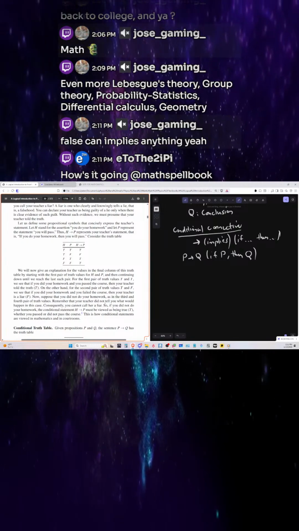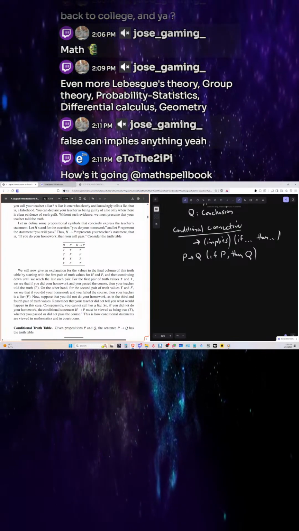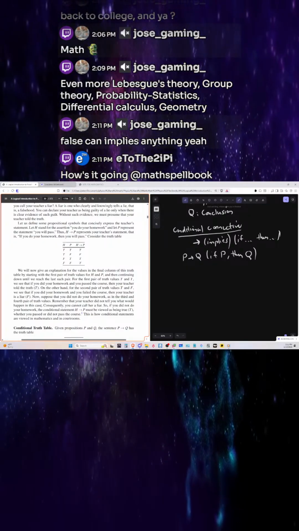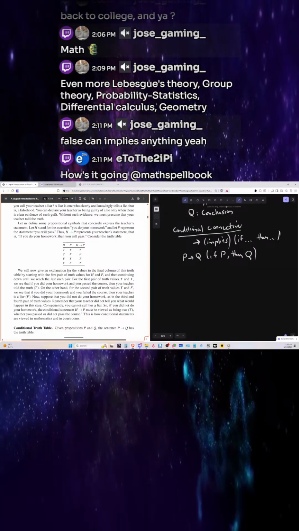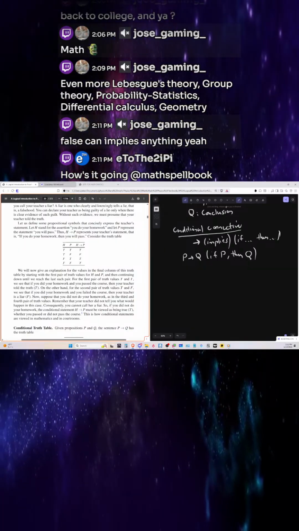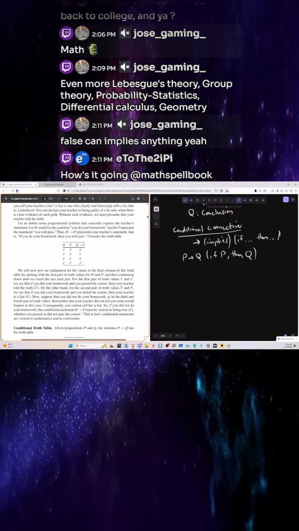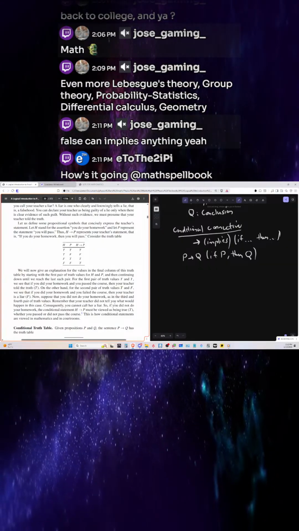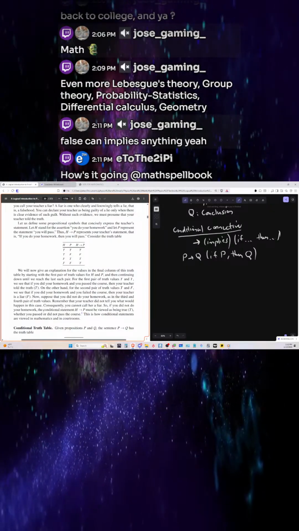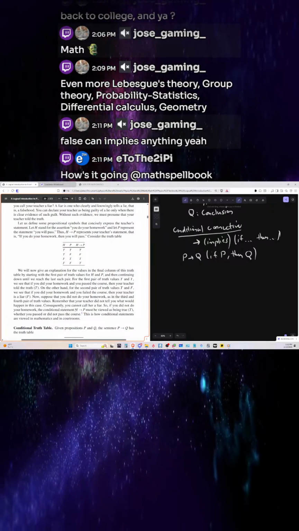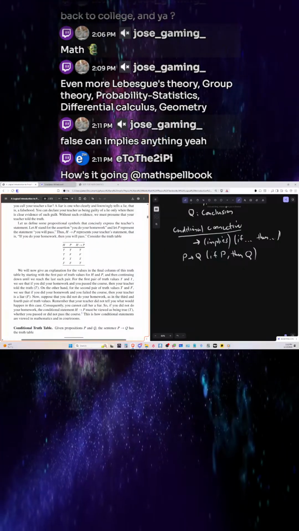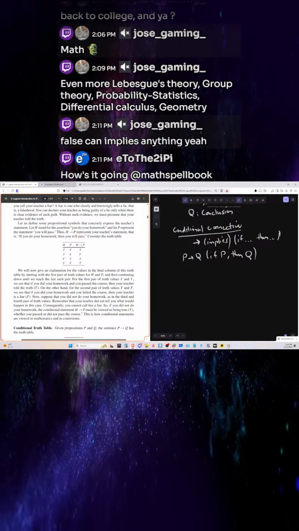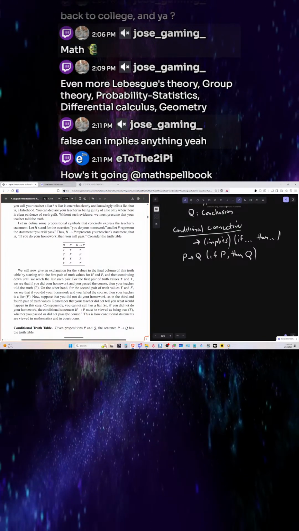Remember that your teacher didn't tell you what would happen in this case. Oh, if you don't do your homework, okay. Consequently, you cannot call her a liar. So if you do not do your homework, the conditional statement H implies P must be viewed as being true, whether you pass or not pass the course.